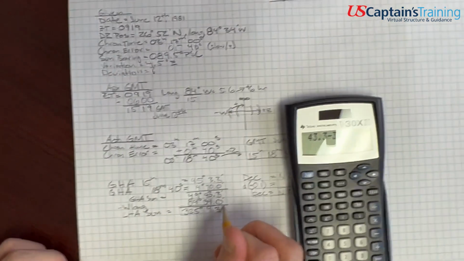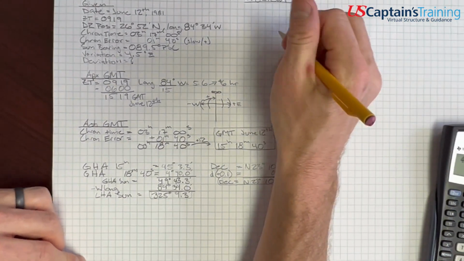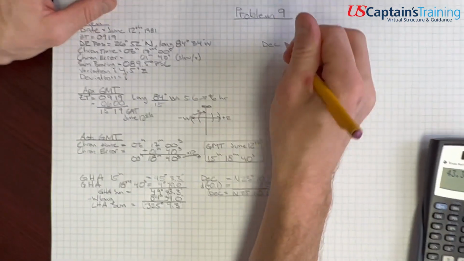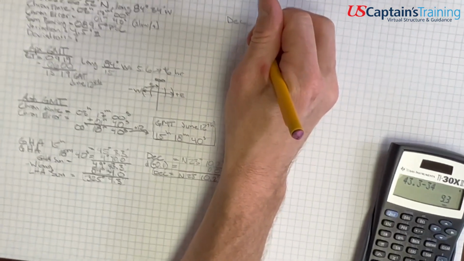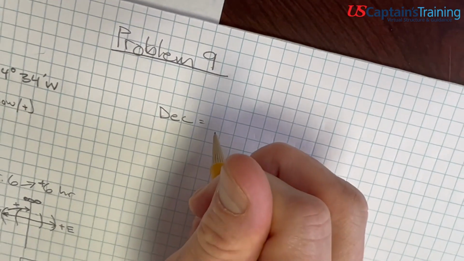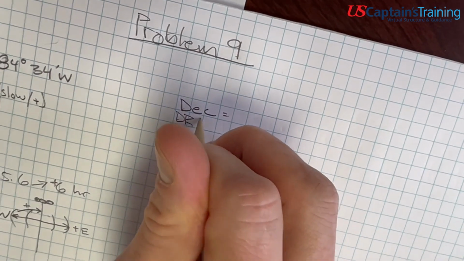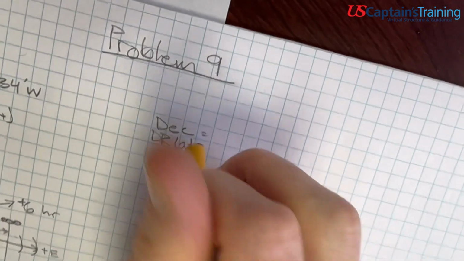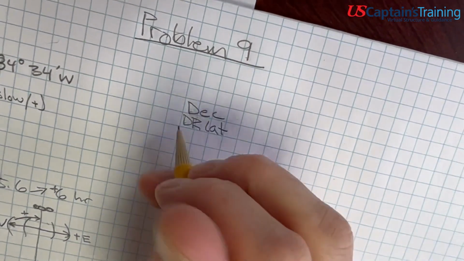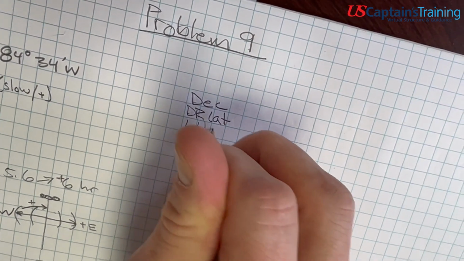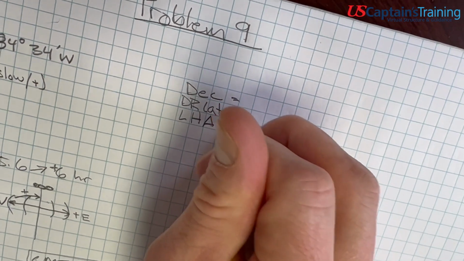Cool. Let's throw these up in our table. Our declination is the first part of our table. Declination, DR lat, and LHA are the values we need.